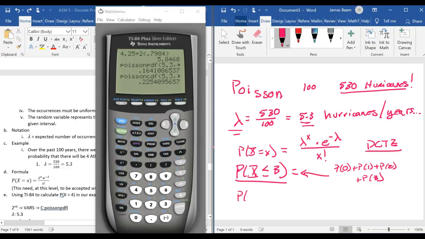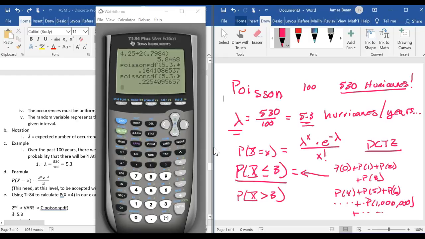But what if I want the probability that the number of hurricanes is going to exceed 3? Well, that would be the probability of 4 plus the probability of 5 plus the probability of 6 plus the probability of 1,000,000 plus the probability of, oh, wait, I can't get all of them because I can keep going off to infinity here.